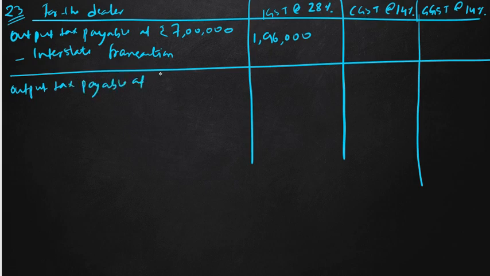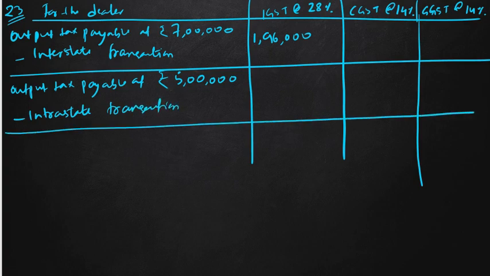Now second, he has done another transaction of rupees 5 lakh, and this transaction was within the state. Within the state means intrastate transaction.